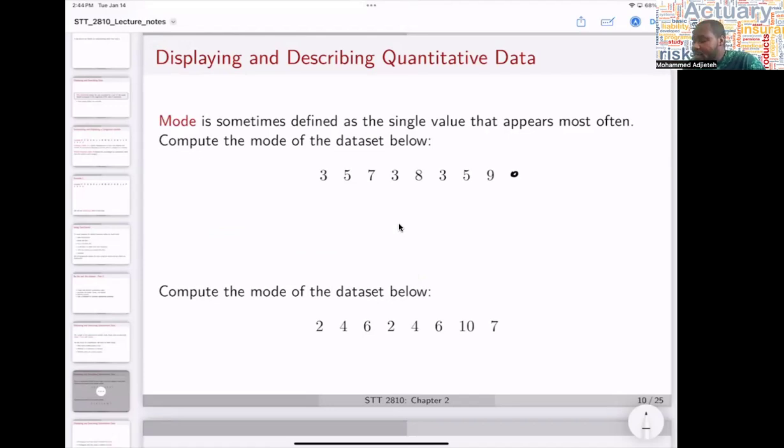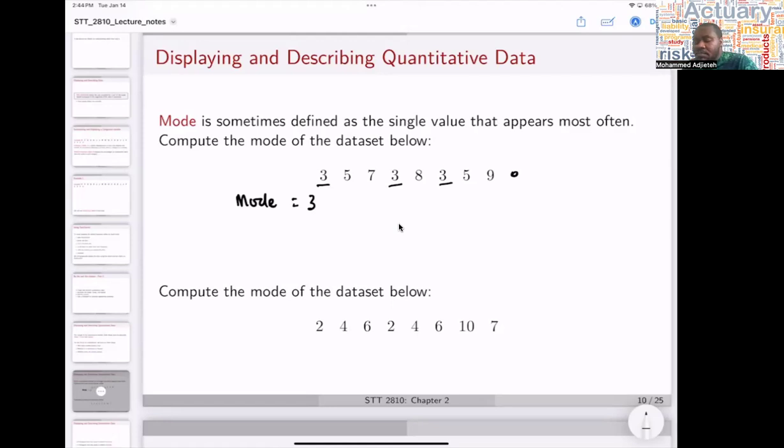And so when we look at this, we could see that the mode is 3. The mode is 3 because you can see from here, 3 is here, 3 is here, 3 is here. That is the only data point that appeared the most.